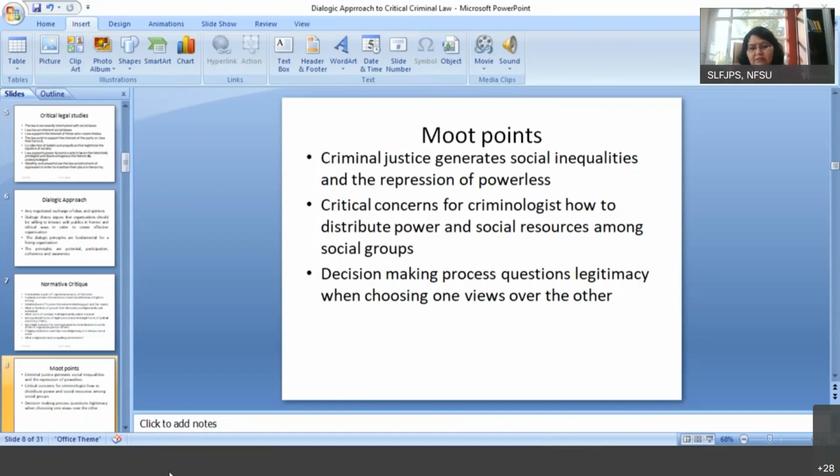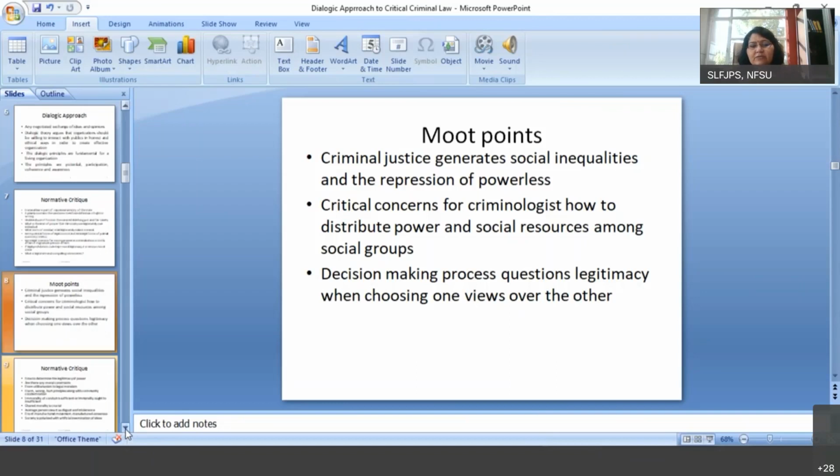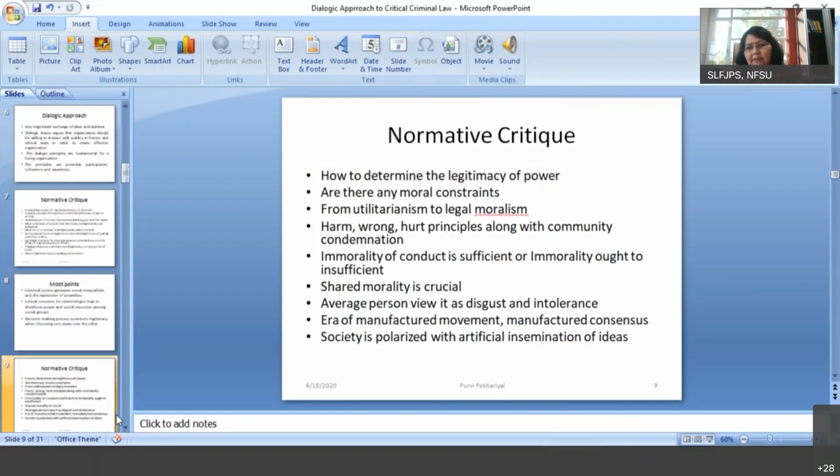In that context, we need to discuss the dialogical approach. Now, as I said, for dialogical understanding, we need to understand first the legitimacy of the state power.